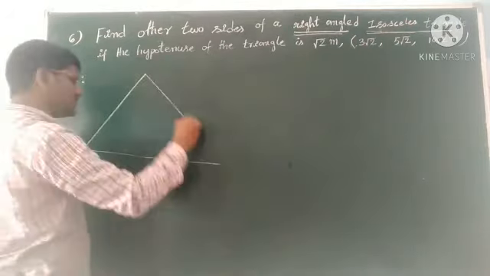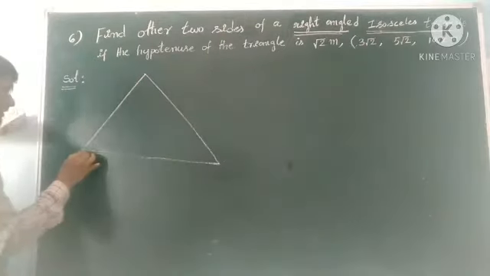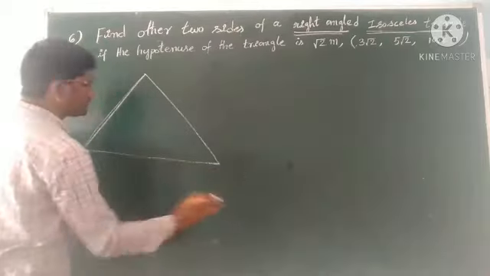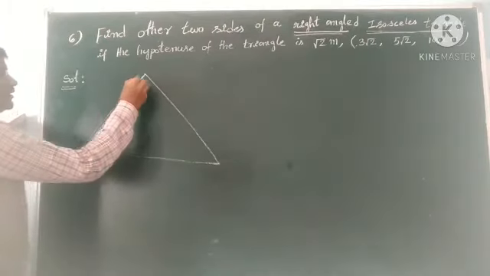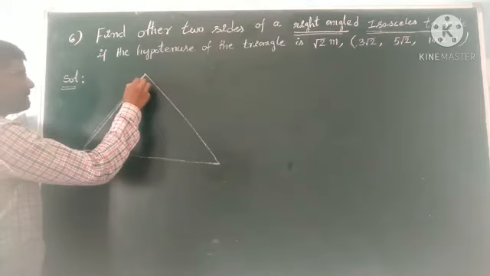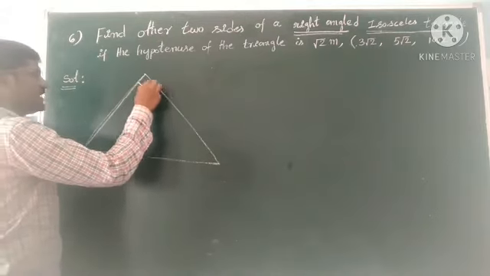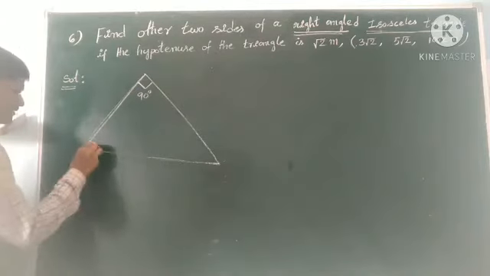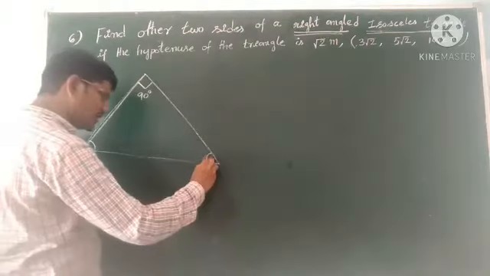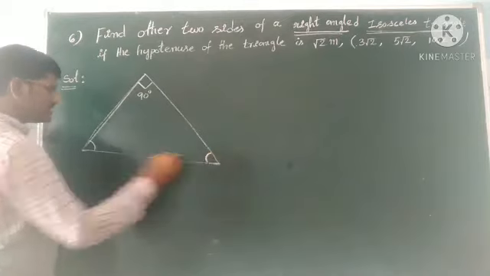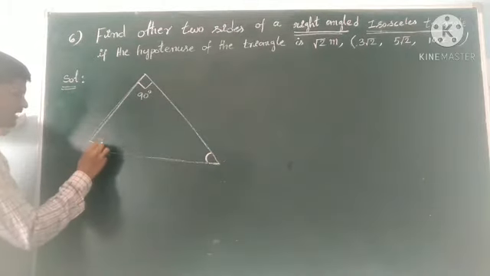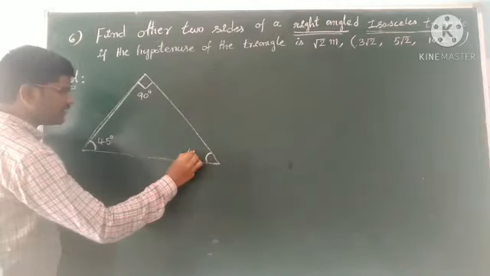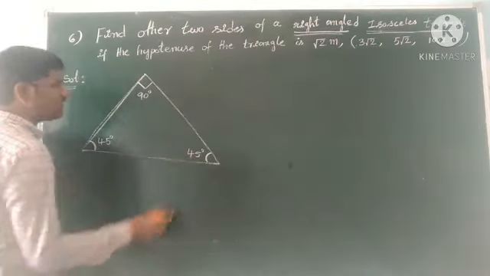See my dear students, now this is a triangle. If this angle is 90 degrees, then the other two angles must be equal, and they must be 45 degrees and 45 degrees.